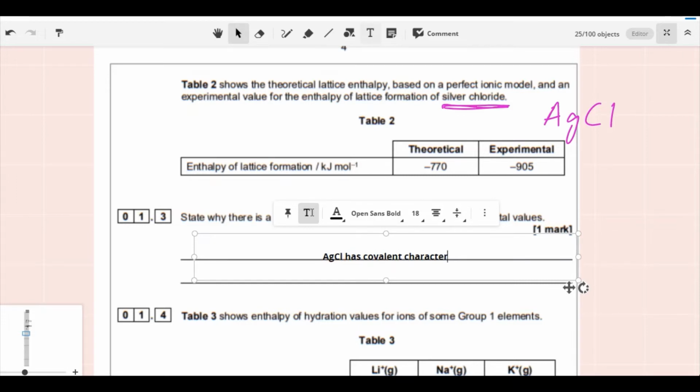Or you can say that there is partial covalent bonding as well as ionic bonding.